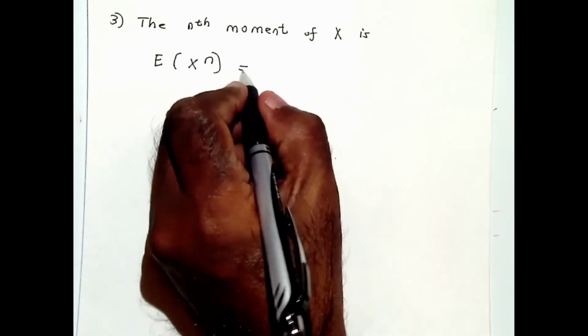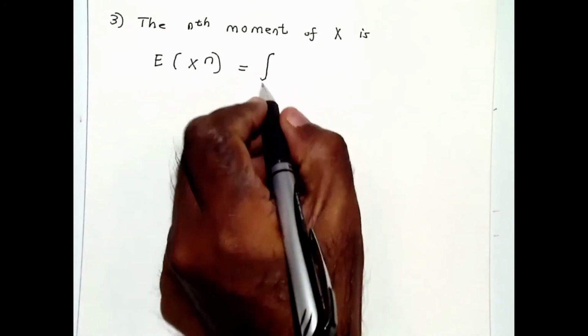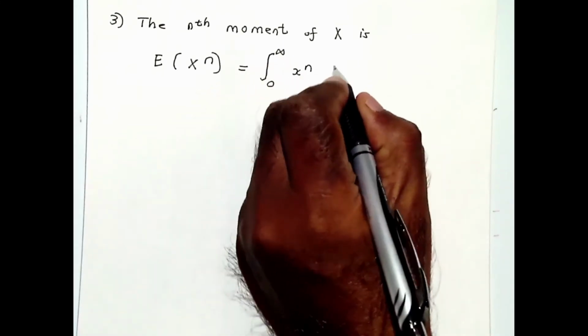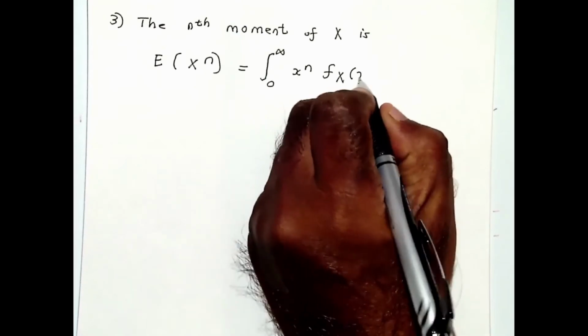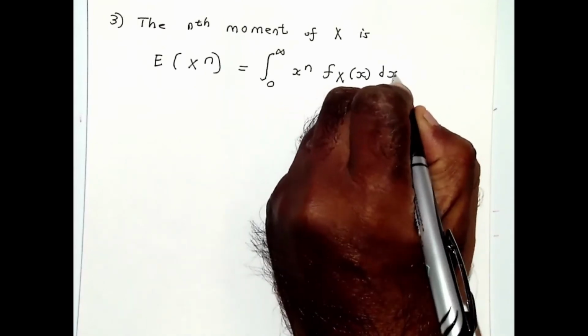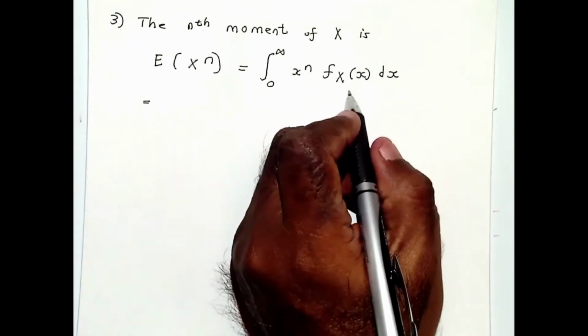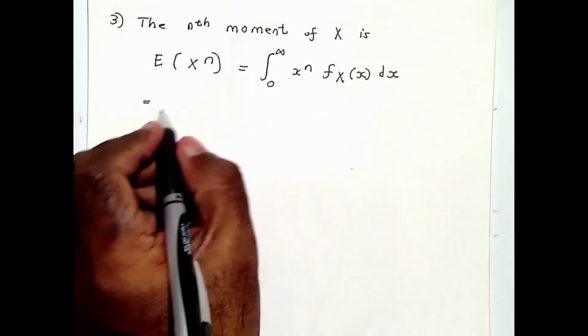So this is the integral from 0 to infinity of x to the n times the density that we got in part 2.